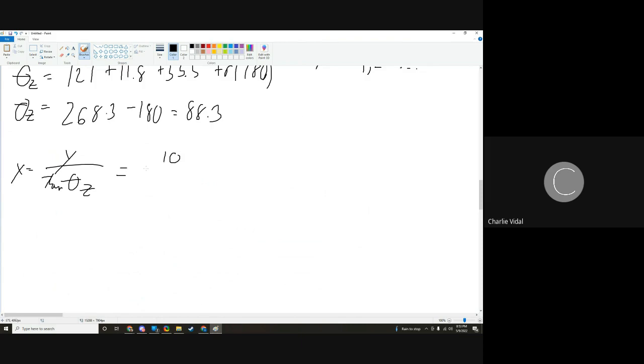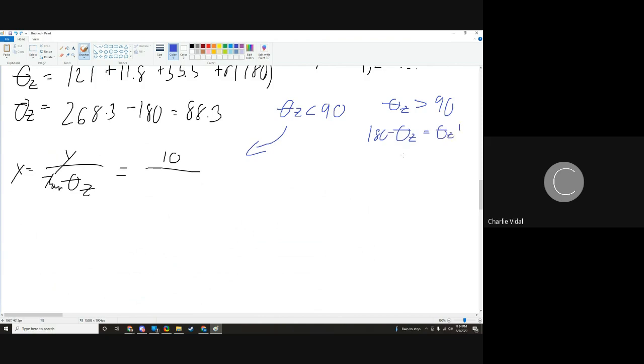And we just found theta z. Just remember, guys, that if theta z is less than 90, then you could just go on to this step. If theta z is greater than 90, then what you have to do is 180 minus theta z, and that's equal to theta z prime.